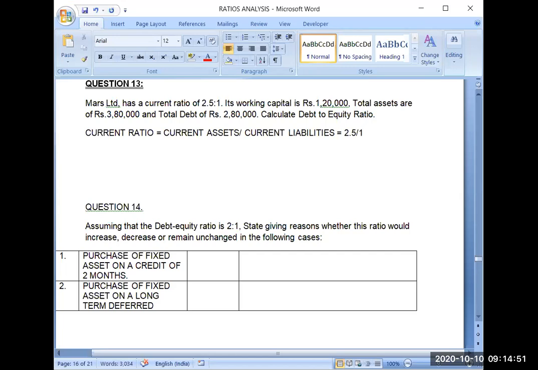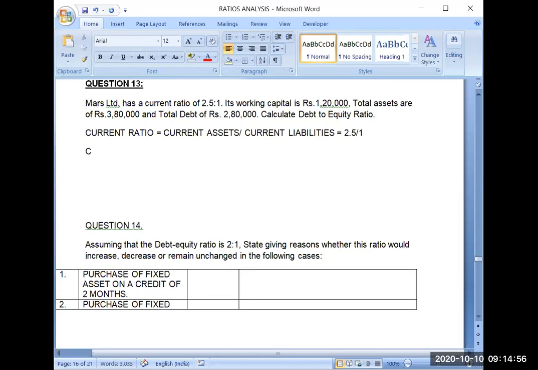Now when you cross multiply it, you will get the value of current assets, because you don't know the value of both of the variables. Current assets is equal to 2.5 multiplied by current liabilities. This equation you will get.